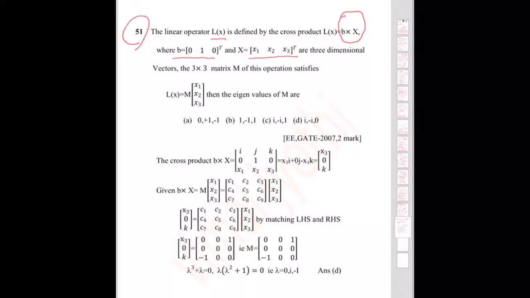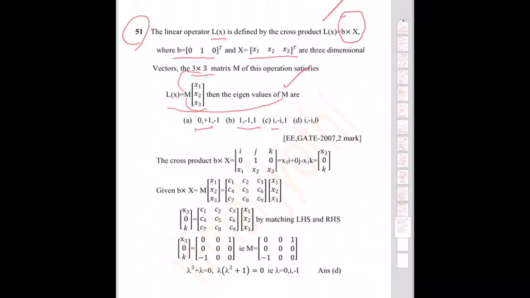Then this operation satisfies M into the matrix x1, x2, x3, where M is a 3 by 3 matrix. Then we have to find the eigenvalues of M. The options are A, B, C, D.